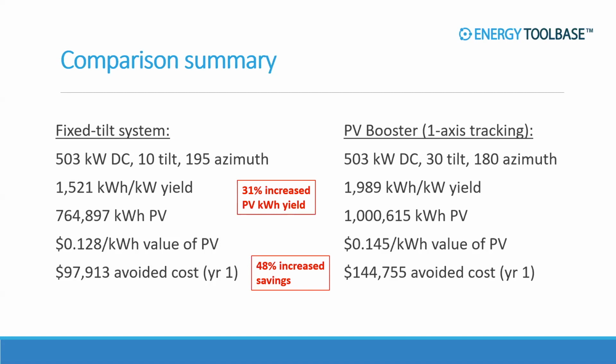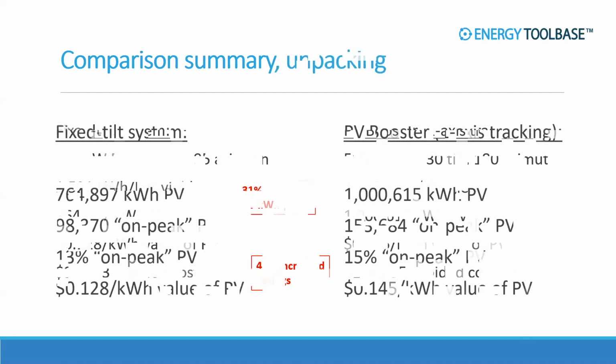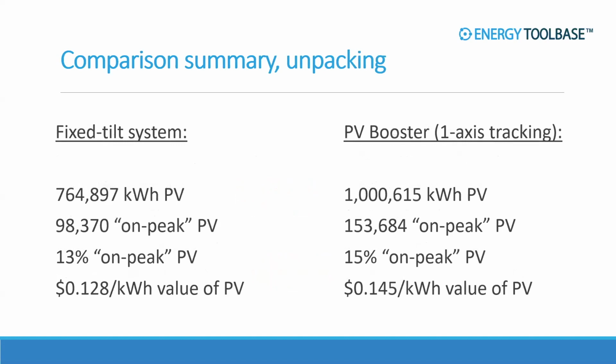And let me actually just unpack that a little bit more. So why that happens is, again, because of that later 4P to 9P on-peak period. As you can see here, the on-peak PV kilowatt hours on the PV booster are about 153,000 compared to 98,000.